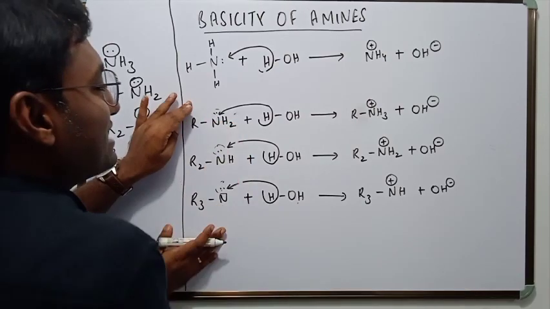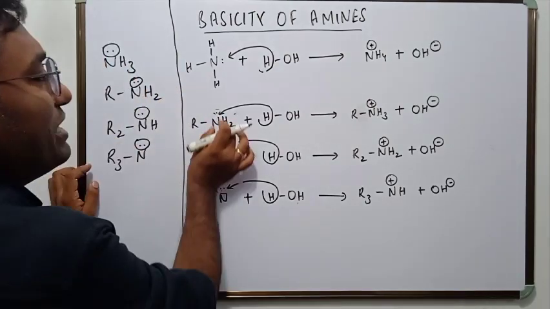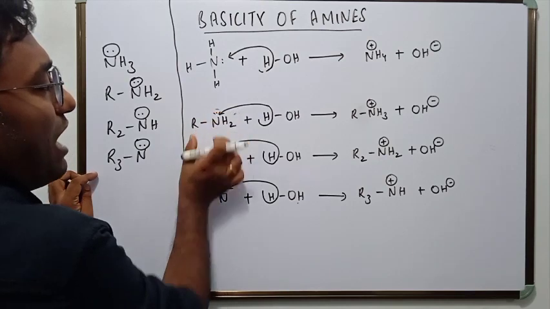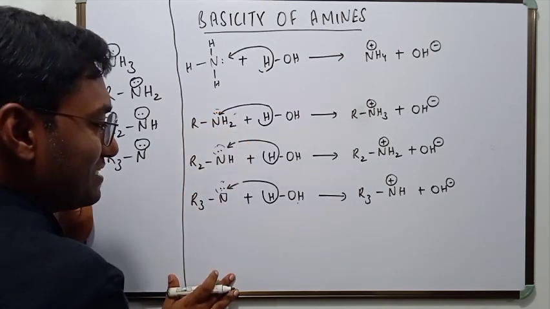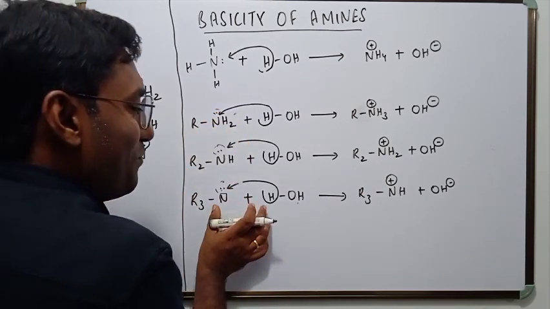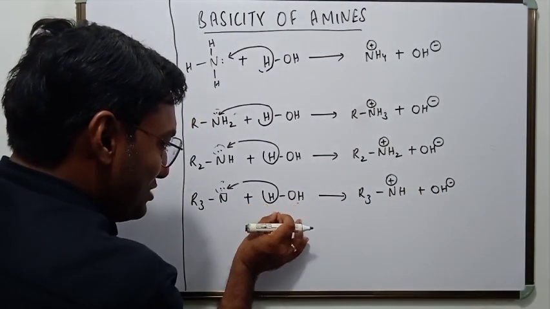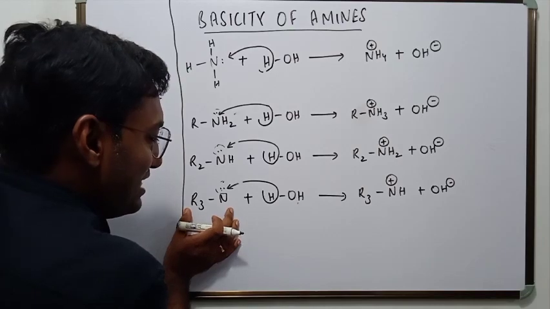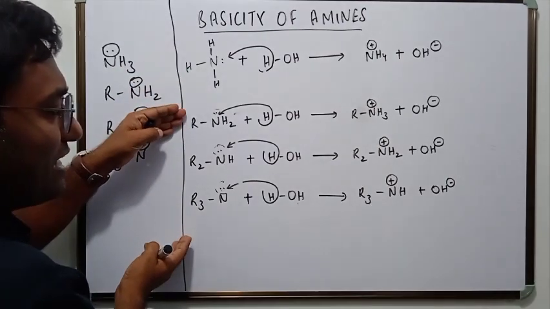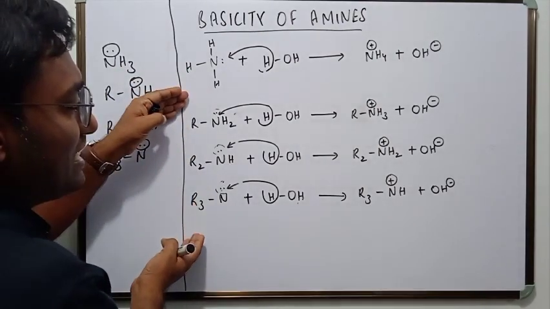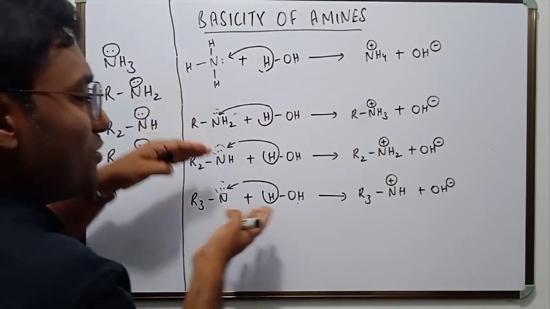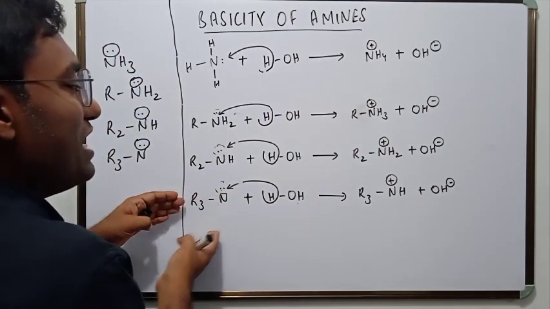So they are Lewis bases also. By donating a pair of electrons, amines are Lewis bases. And by producing OH minus when dissolved in H2O, they act as Arrhenius bases also. So aliphatic amines, or primary, secondary, tertiary amines and ammonia, are Lewis bases and also Arrhenius bases.